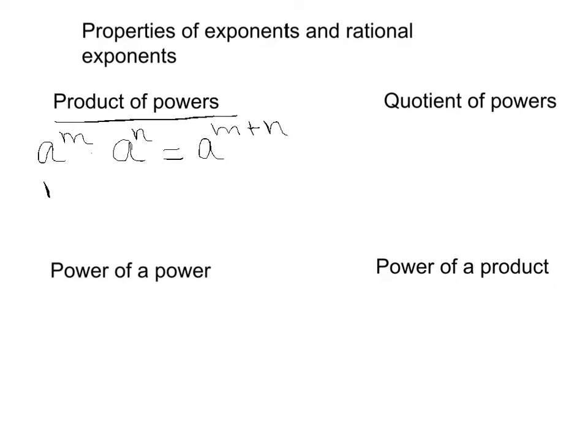For example, when we have 3 to the 1/4 times 3 to the 1/2, we get 3 to the 3/4.